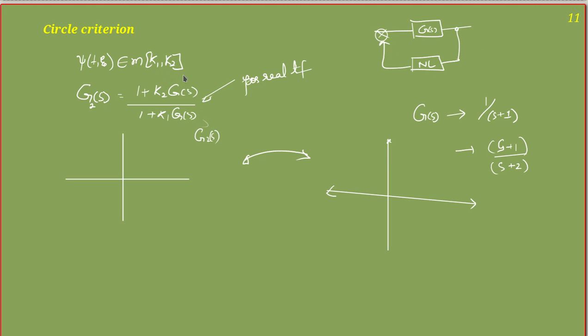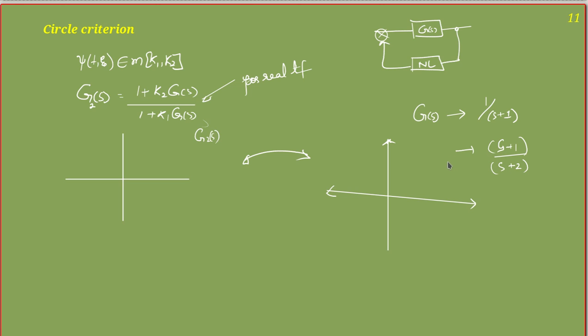That is what we are going to see as the main part of circle criterion. So this function can be modified into this criterion called circle criterion, which we will see in the next class.